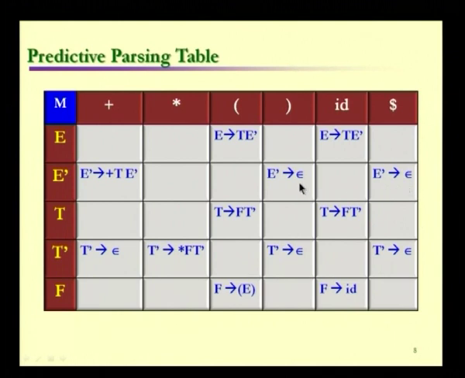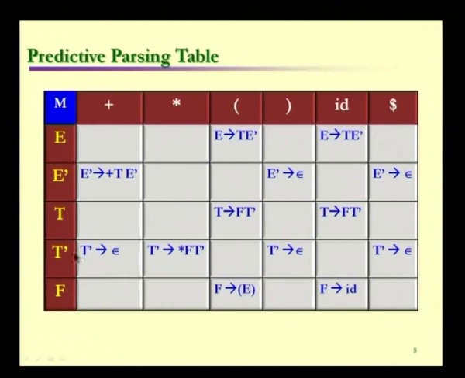That is about filling E dash, and another one is T dash derives epsilon. We have the production T dash derives epsilon in the given grammar, and in the right hand side we find that epsilon is there, which does not have any useful symbol. So we should compute the follow set of T dash. The follow set of T dash is plus, dollar and closing bracket.